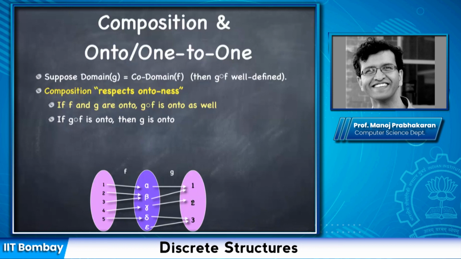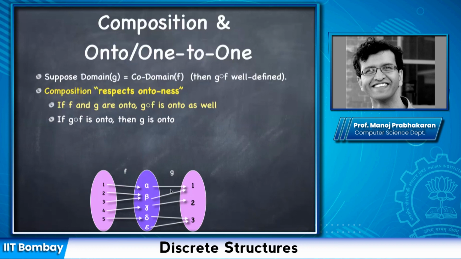So the image of G of F is a subset of the image of G, no matter what F is. So if the image of G of F has to be equal to the codomain of G of F, which is the codomain of G, then it better be the case that the image of G is at least equal to the codomain of G.